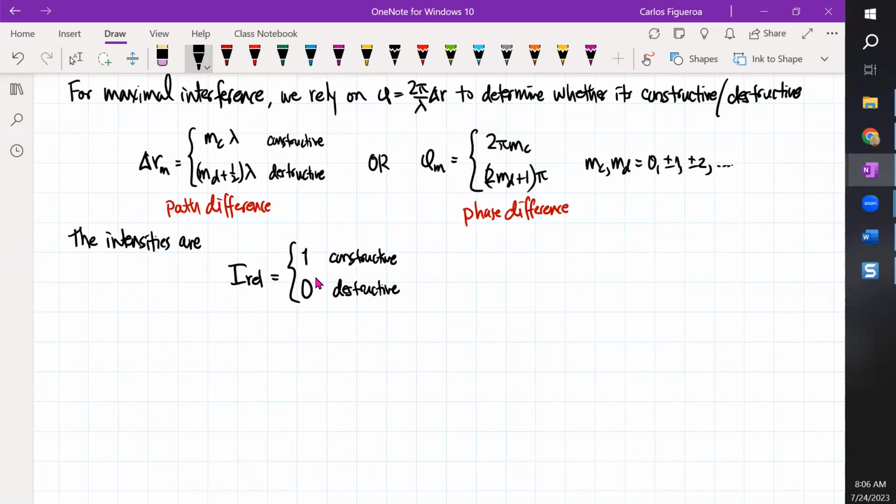And you can see here why it's important to set the intensity to be cosine squared of 1/2 phi.